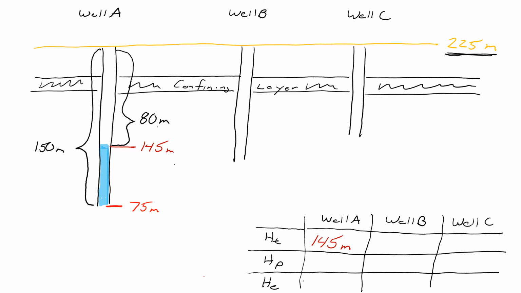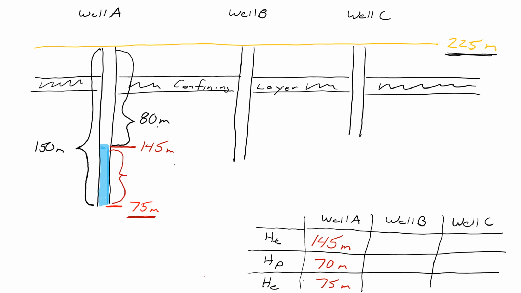And total head consists of the elevation head plus the pressure head. Elevation head is what? It's the elevation at the base of the well, which is right here, which is 75. What's the pressure head?